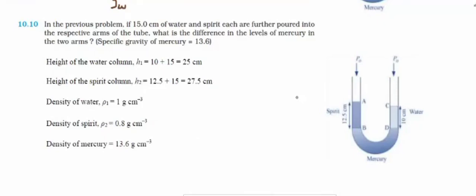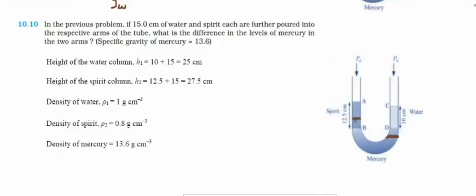When you add 15 centimeter of water in the water arm and 15 centimeter of spirit in the spirit arm, definitely water will give more pressure there. So naturally mercury goes down in the water arm, and an equal amount of mercury goes up in the spirit arm.